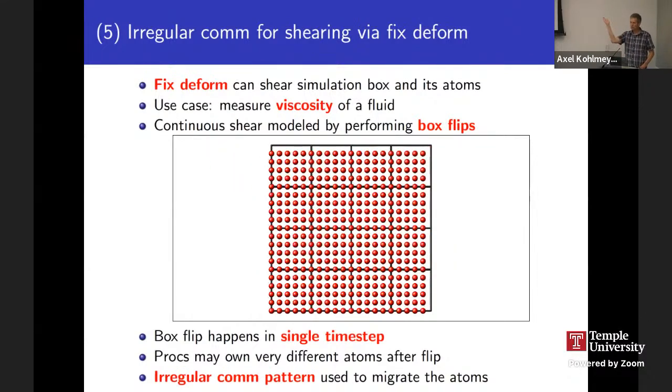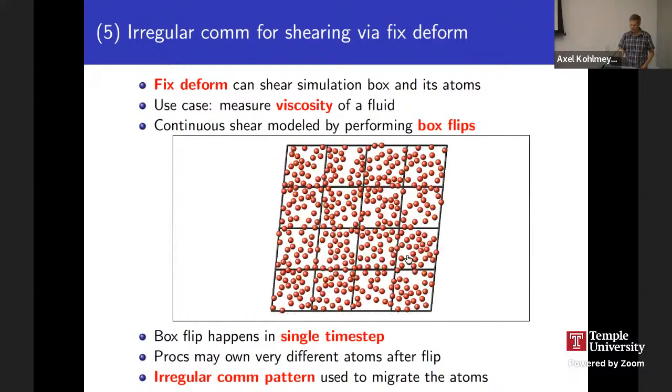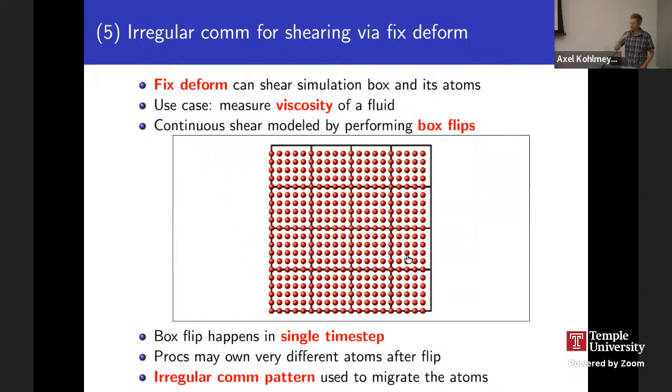As soon as it tilts far over in one direction, it gets flipped back to a symmetrically identical position on the left, and it keeps doing this time and time again. So you can run that as long as you want, let the flow develop and get very good, accurate viscosity measurements of that fluid. The box flip itself happens in a single time step. The box flips from here with its decomposition back to here.